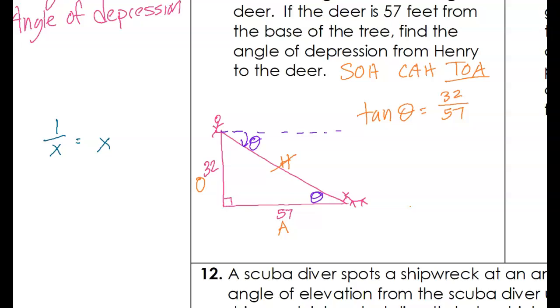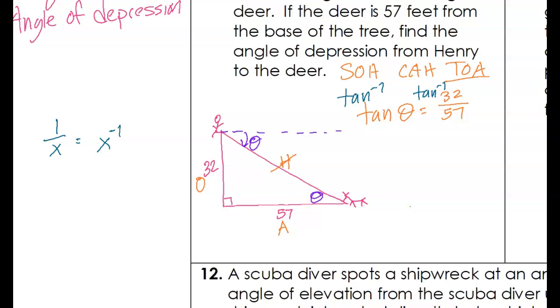Yes, to the negative 1 power, the inverse. So instead of dividing by tan here, what you can actually do is multiply both sides by the inverse of tangent, tan to the negative 1 power. Now this is technically dividing by tangent. You're just writing it a little differently.